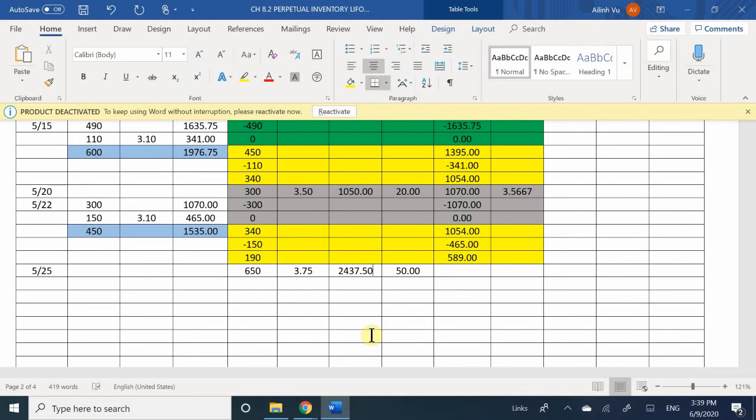Yes. All right. Add $50 to 2437.50, and divide that by the 650. So this is 2,487.50.